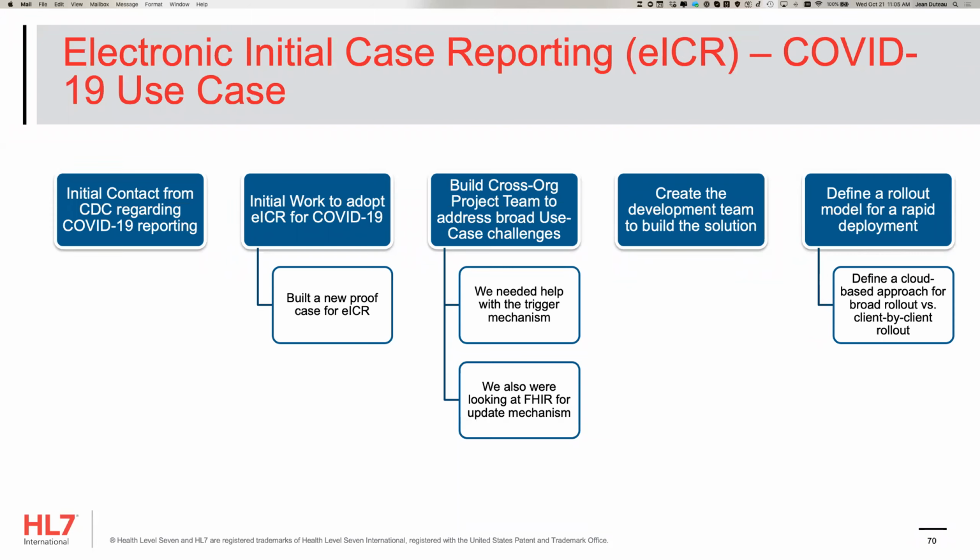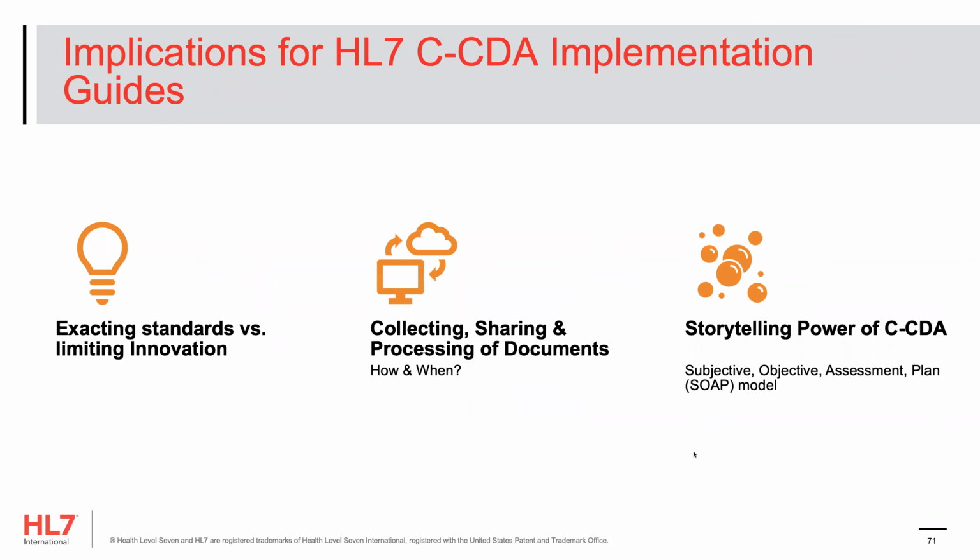We'll have a solution that will be more cloud-based for all of our clients to be able to adopt. This will be easily adopted by our entire client base, and will also allow for updates to the triggering mechanism. I'll go to the next slide.